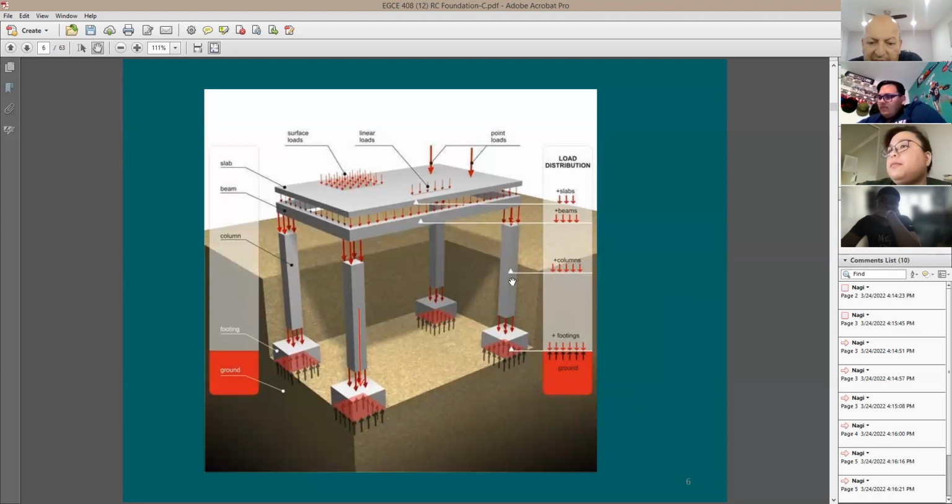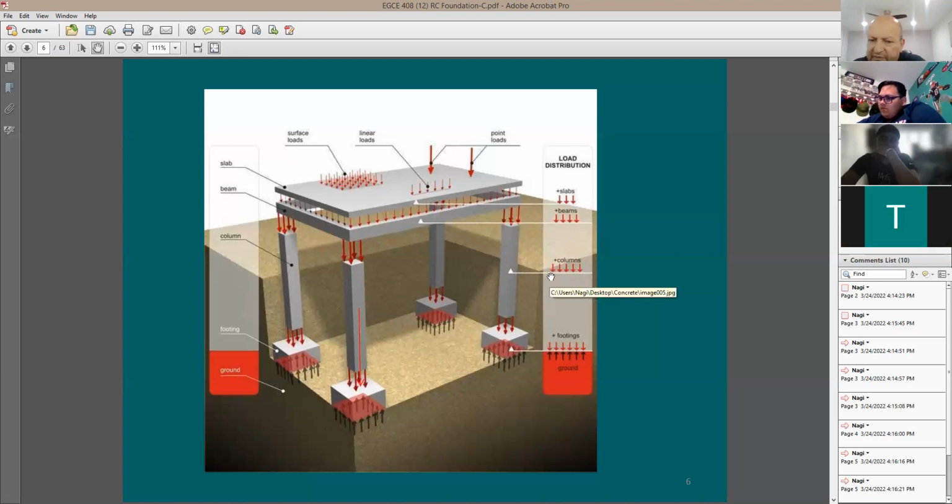That was on the ultimate level, meaning P sub U. If you guys recall P sub U, we say 1.2 dead plus 1.6 live. We call this P ultimate. Same thing for the soil. This soil has a limit. And the limit is not going to be a point load. The limit is going to be like a uniform load.